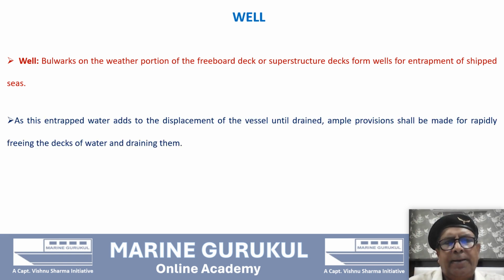As this entrapped water adds to the displacement of the vessel until it is drained, ample provision shall be made for rapidly freeing of the decks of water and draining them. So there has to be ample provision for draining them rapidly, otherwise it's as if extra weight has been added onto the ship.